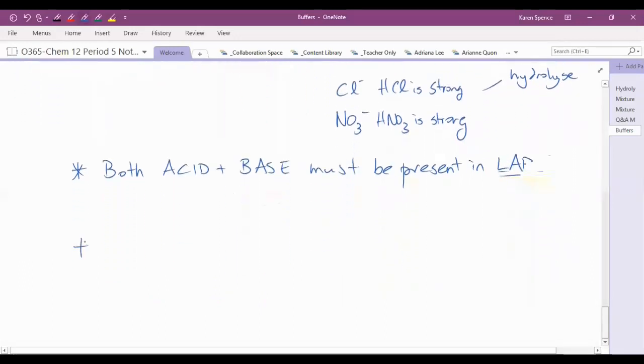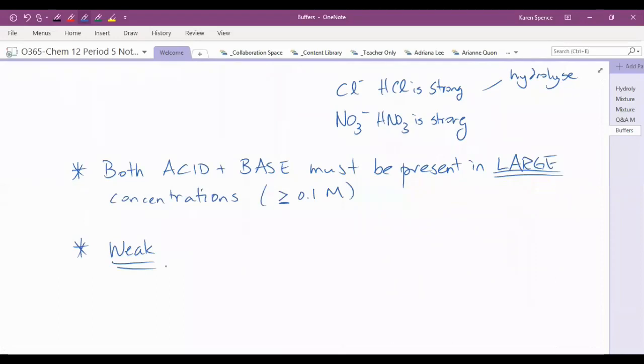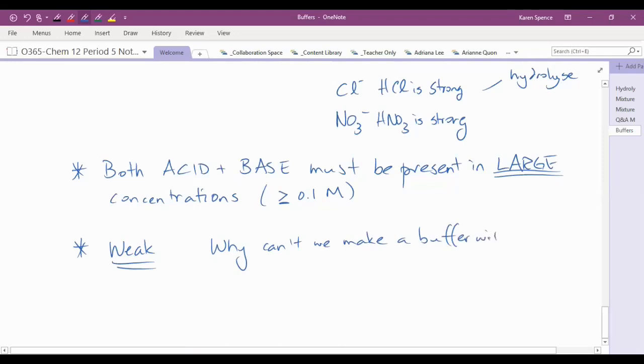And don't forget that they have to be weak. You cannot make a buffer with a strong acid or base because the strong acid or base, why not? Why can't we make a buffer with a strong acid or base?